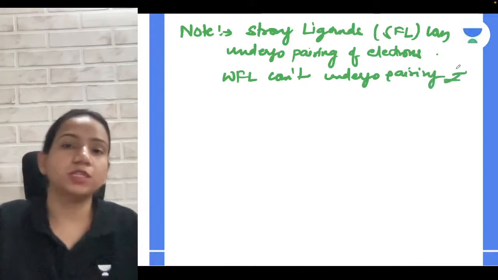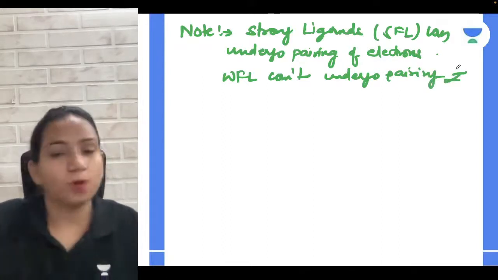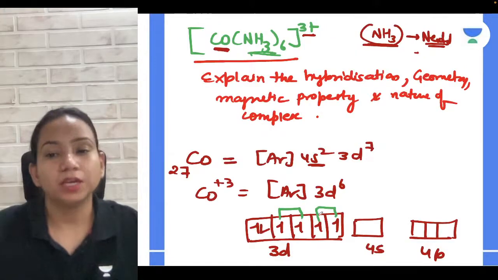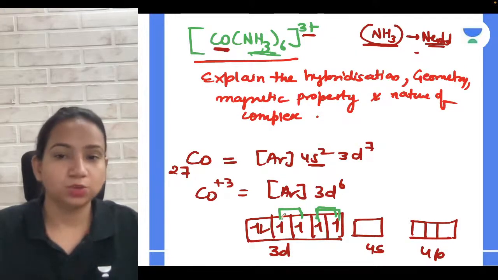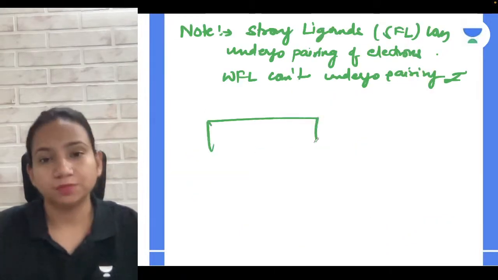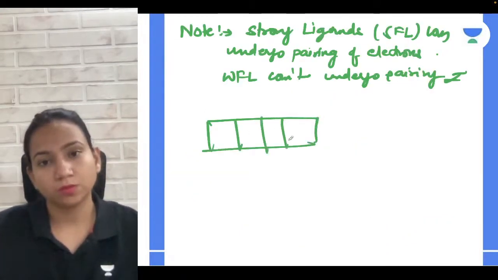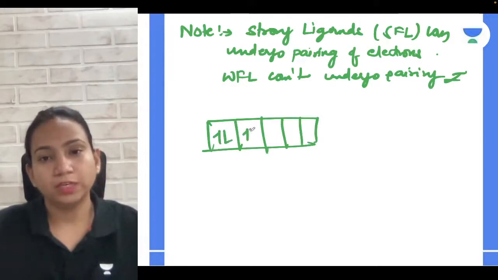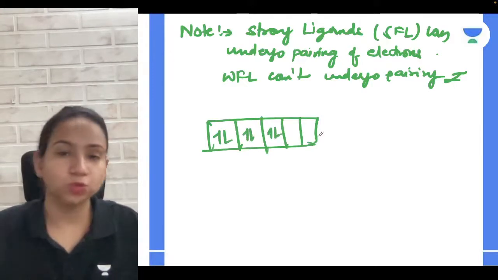It's simple. If you relate this point, you will be easily able to answer it. So these two electrons and these two electrons will get paired because amine is a strong ligand. So what will happen in the 3d? It will get paired, like the 6 electrons which we were having.